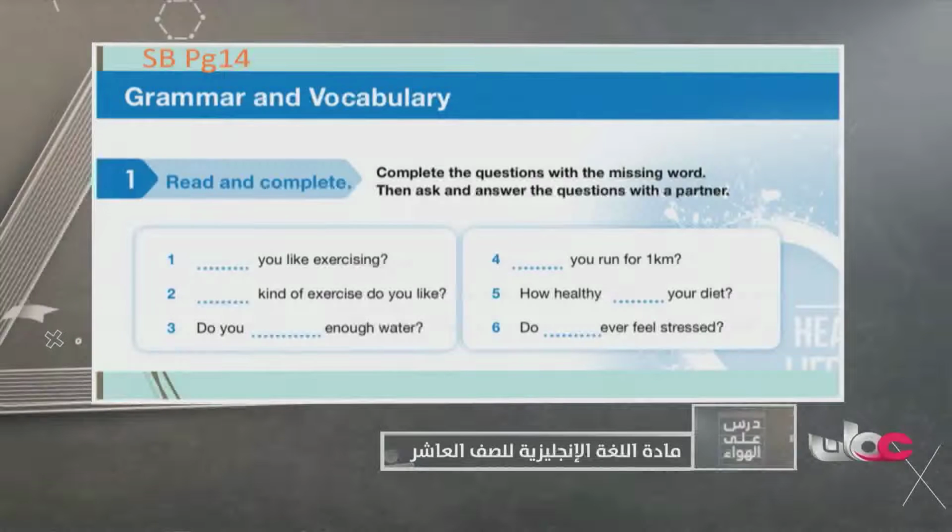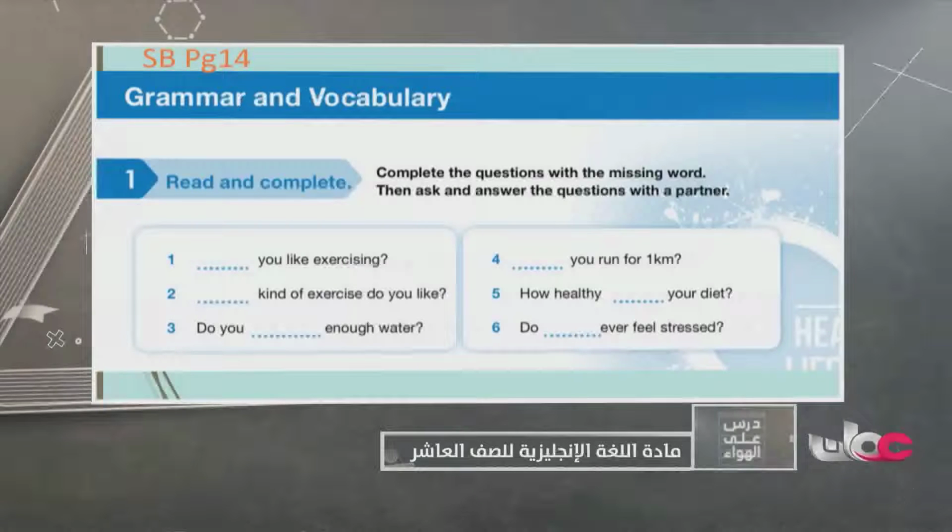So in number 1, he said you like exercising. So what is missing here? Should we say one of the yes no questions, or should we write a WH word here? In number 2, we have space, kind of exercise do you like?